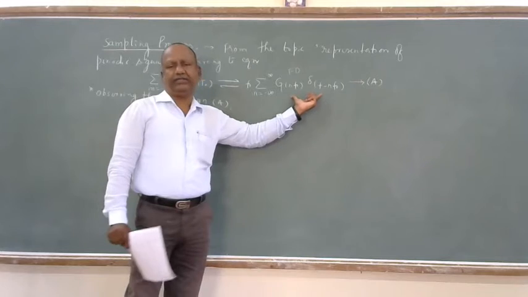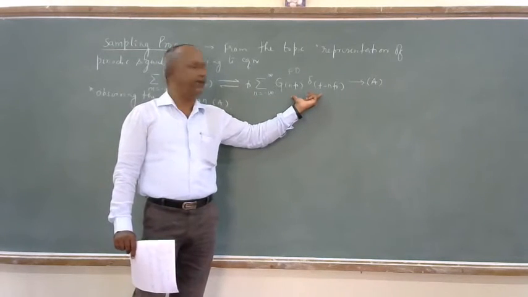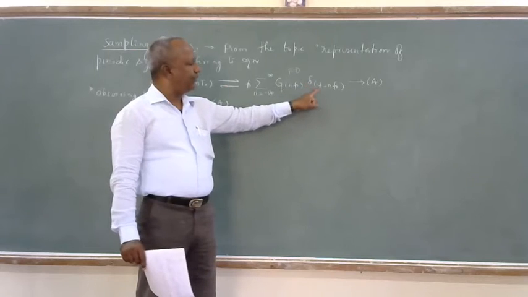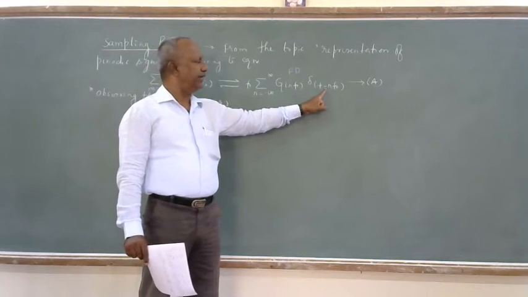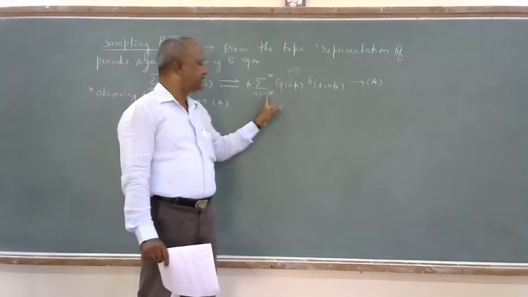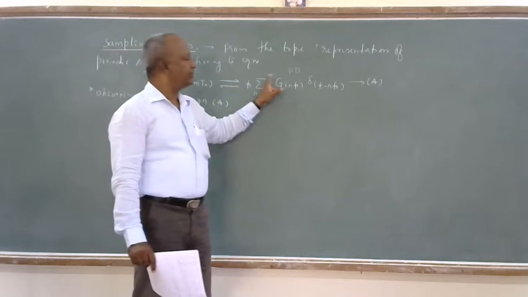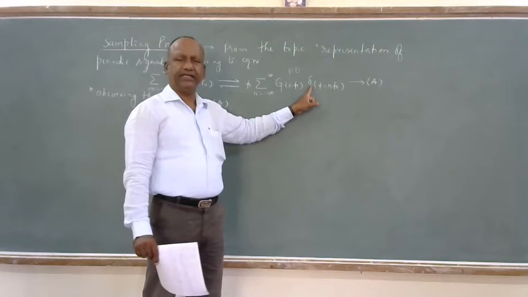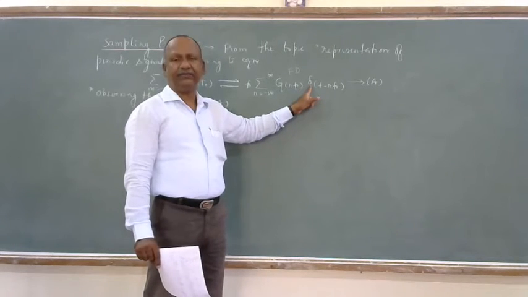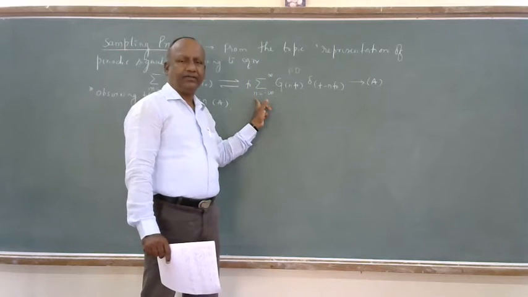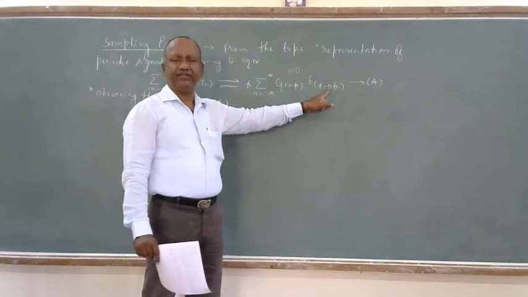Similarly, the right hand side of this equation A is representing delta of f minus n f naught, where n is an integer from minus infinity to plus infinity. So we get an infinite sequence of delta functions, because n varies from minus infinity to plus infinity.